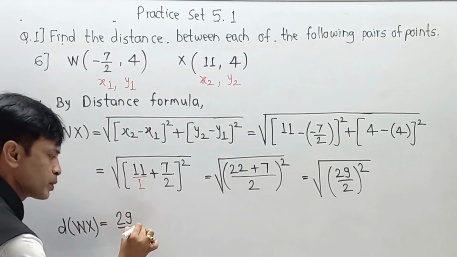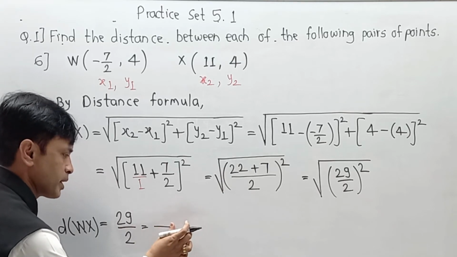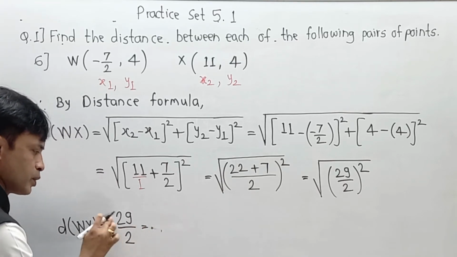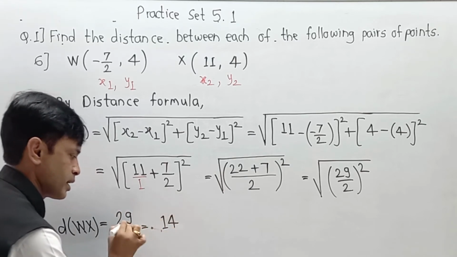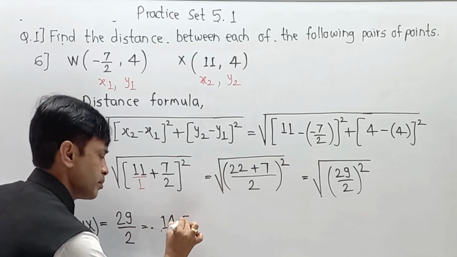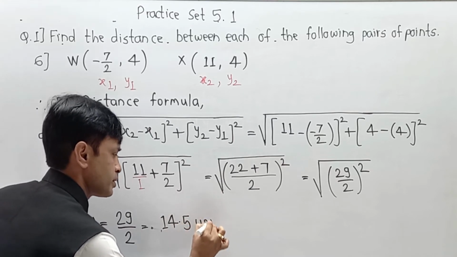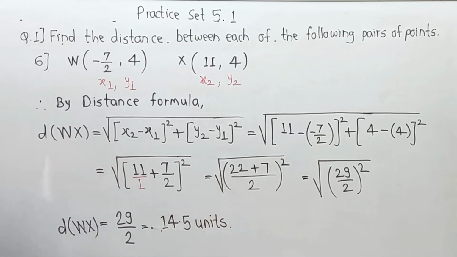Now 29 upon 2 is a simple division: 2 ones are 2, 2 fours are 8, carry 1, and 2 fives are 10, means 14.5 units. And this is nothing but your simple answer, that is 14.5 units.